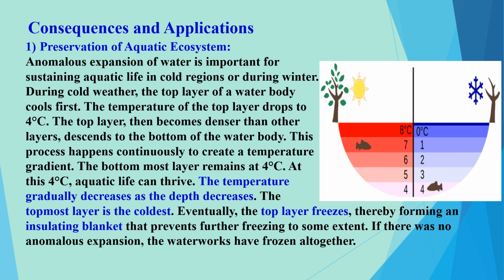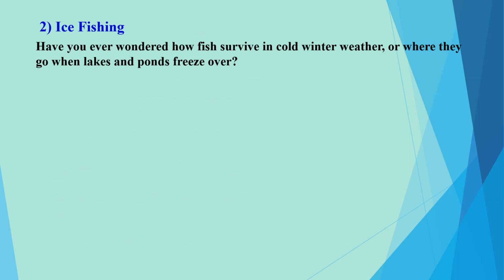The topmost layer is the coldest. Eventually, the top layer freezes, thereby forming an insulating blanket that prevents further freezing to some extent. If there was no anomalous expansion, the water bodies would have frozen altogether.